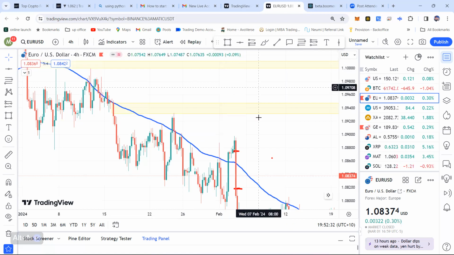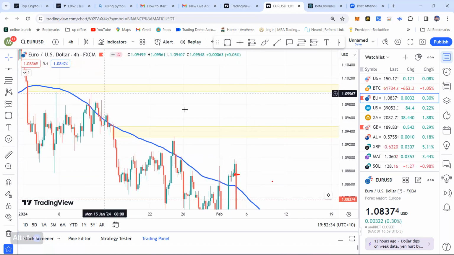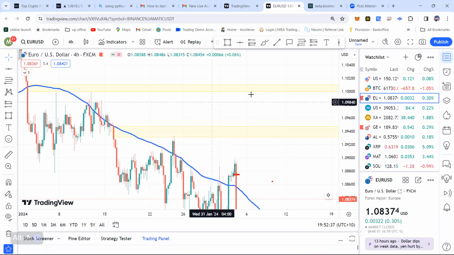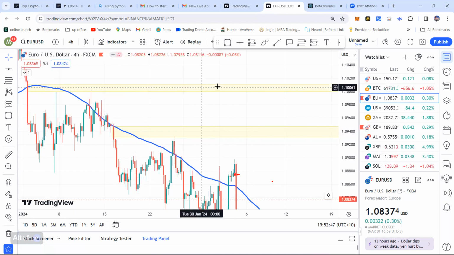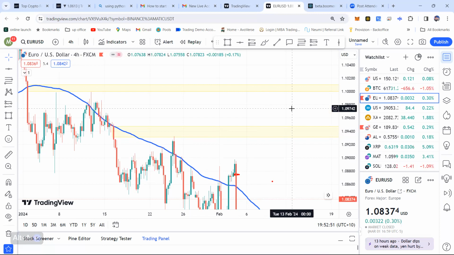So the old saying that a resistance line is stronger the more times it bounces is basically wrong, because if it's bounced a few times off it, it's probably cleared out all of those orders that were in place, and then the market can continue on its merry way, whichever way that happened to be.